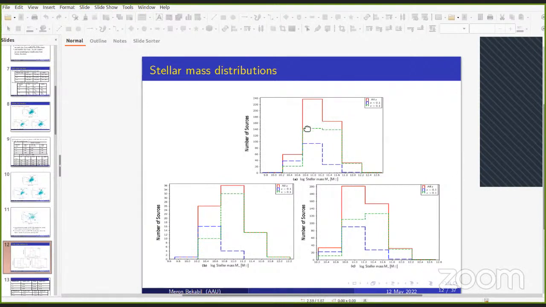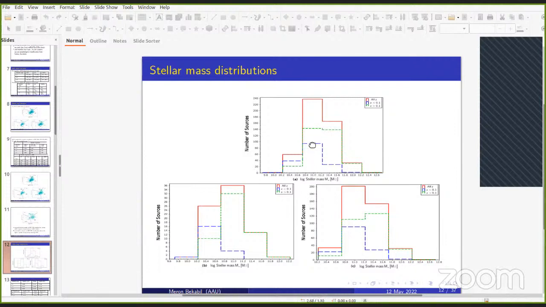As you see, this is the total stellar mass of the galaxies that we have. What we see is that most of them are located around here. The statistics will be seen in the table at the end. Most of them are more massive.